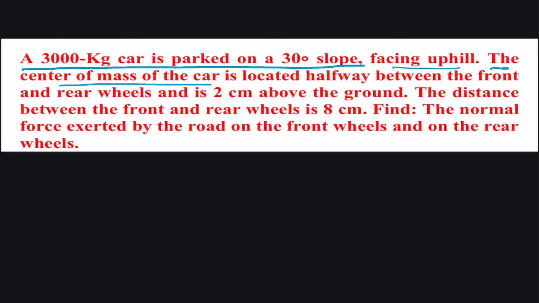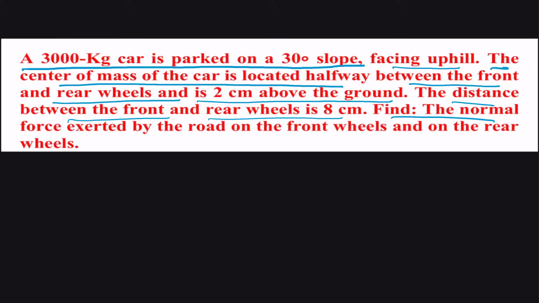The center of mass of the car is located halfway between the front and the rear wheels and is 2 cm above the ground. The distance between the front and rear wheels is 8 cm. Find the normal force exerted by the road on the front wheels and on the rear wheels.